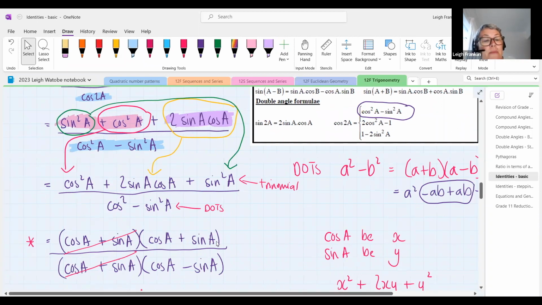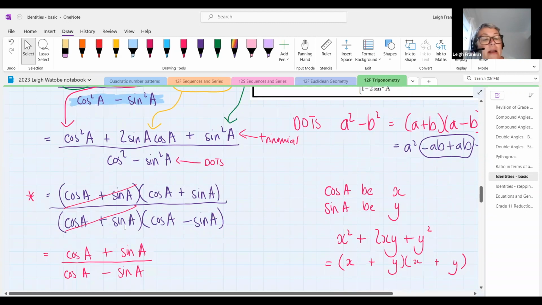So it would be the same thing over here. That's why I've got cos a plus sin a, cos a minus sin a. All right, and then once I've factorized, only then can I start canceling something at the top with something at the bottom. And then what's left over is what I've brought down to the next line.